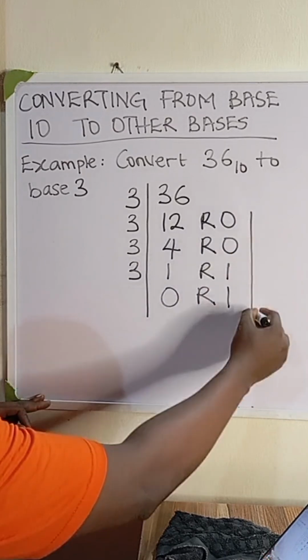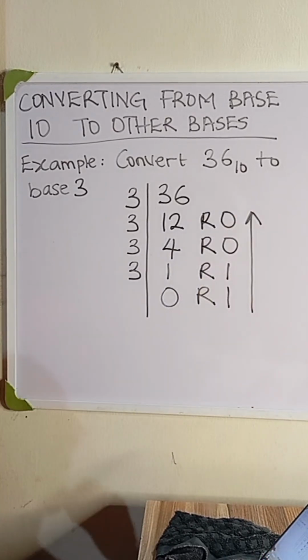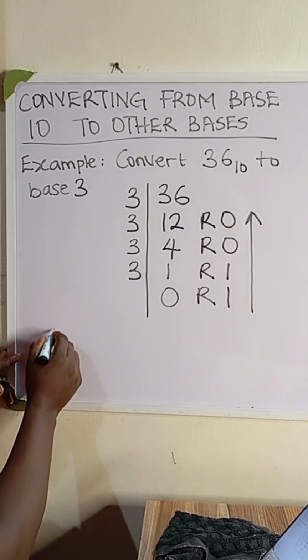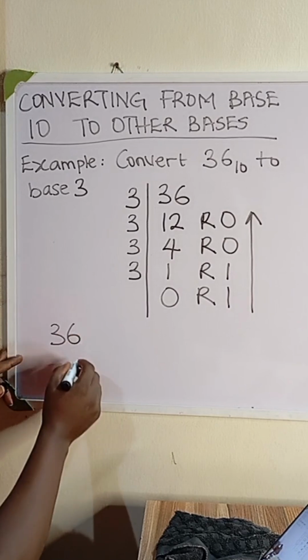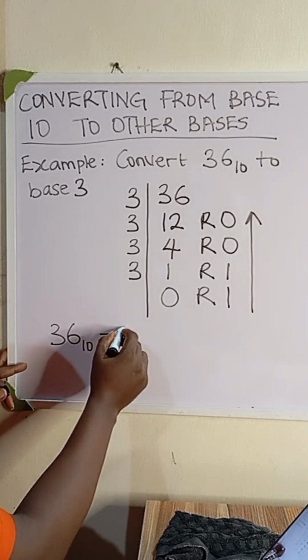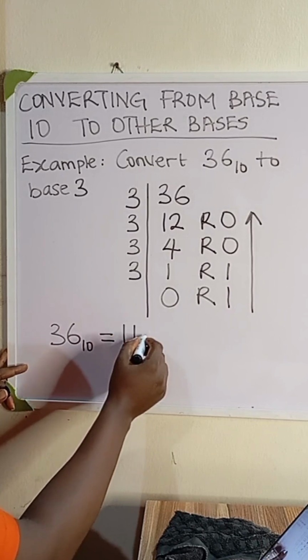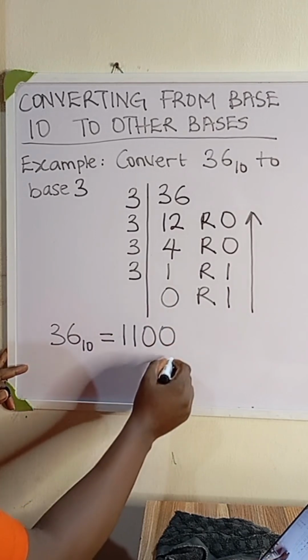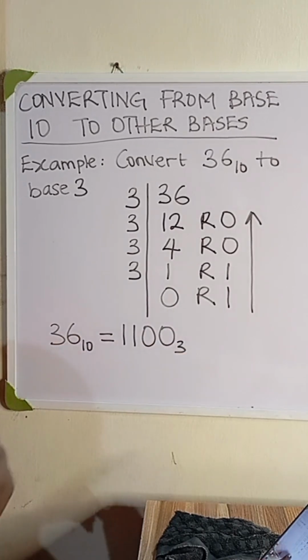Okay, so 36 base 10 is equal to 1100 base 3.